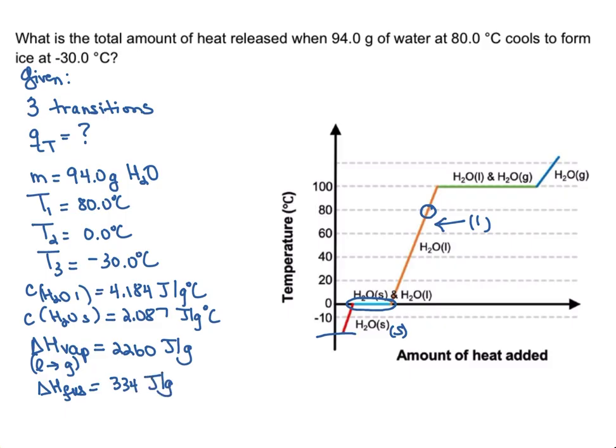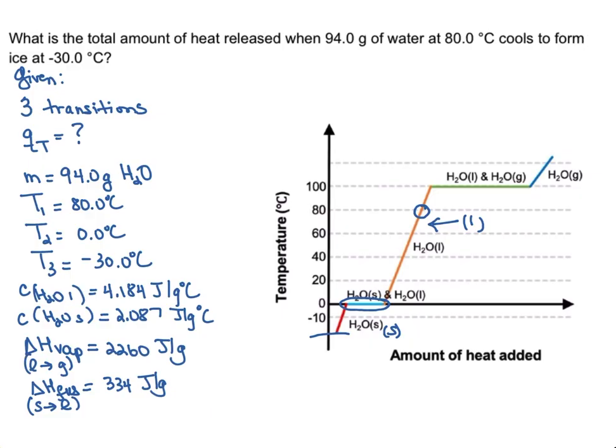And heat of fusion just means solid to liquid. All right, I've got all my given information. I look at the heating curve. I realize that this requires 3 transitions. Now let's start working out the problem.